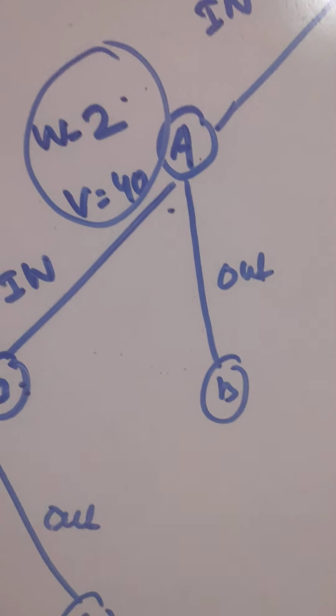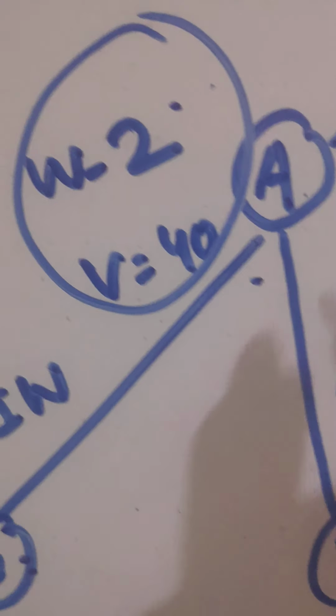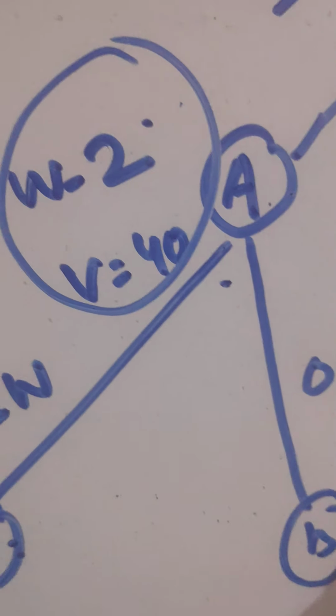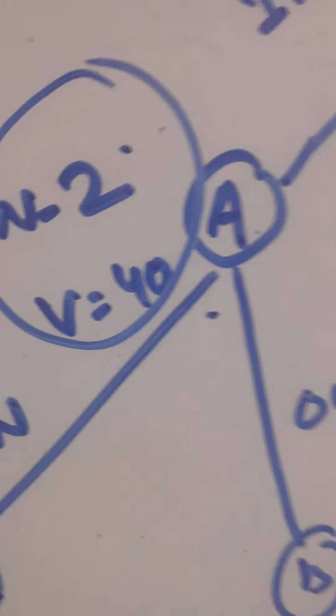Now if I do not take B, having taken A, my weight remains 2 and value becomes 40.